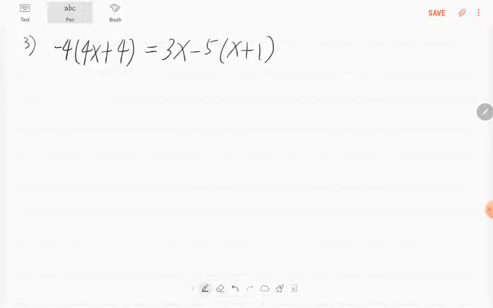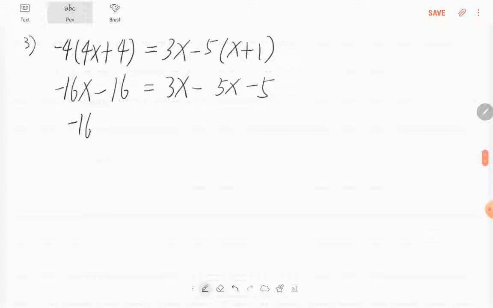So the first thing is we need to get rid of the parentheses. So we distribute negative 4 for each one. So it's negative 16x minus 16 equals 3x minus 5x minus 5, right? Because here it is negative, so you need to change the sign to the negative. Then we combine the like terms.